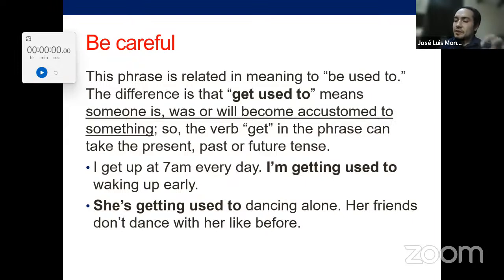But if you're talking about just some activities that were part of your routine, would is very interesting to use. So go, for example, look for some stories about the past, and you're going to see how it's very common to use would, even in some cases more common than used to.